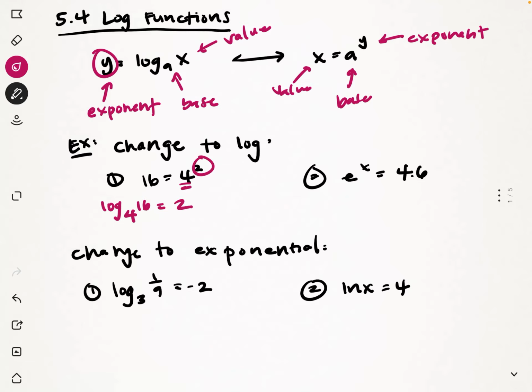e to the x equals 4.6. Okay, so the thing to remember is that when we do our log base e, rather than say log base e, what they use is ln. And it's weird because ln stands for natural logarithm, but it's ln, not nl.